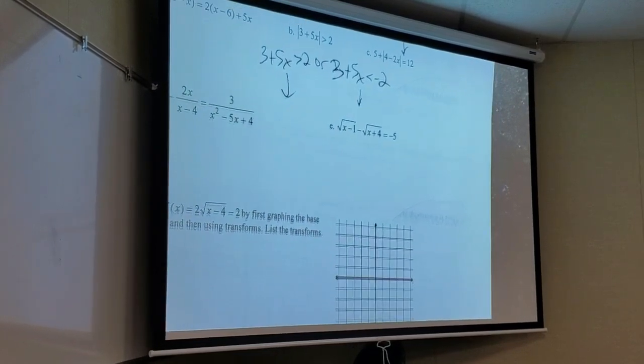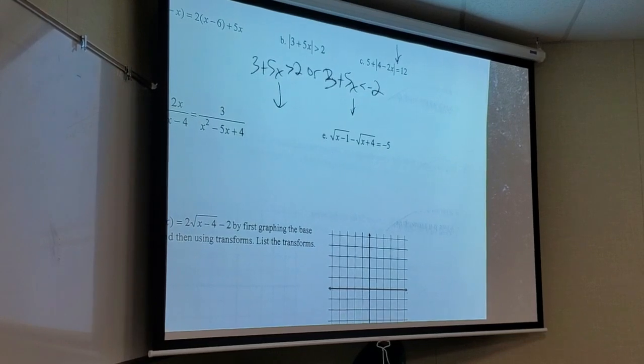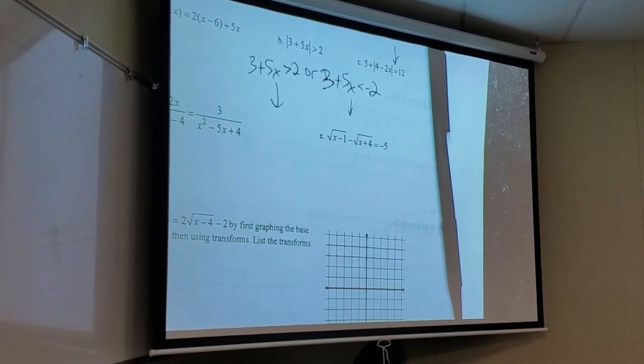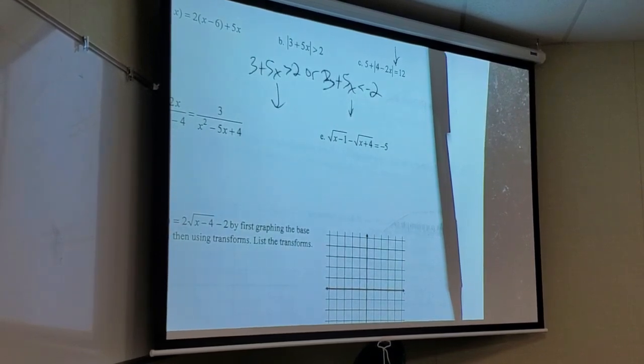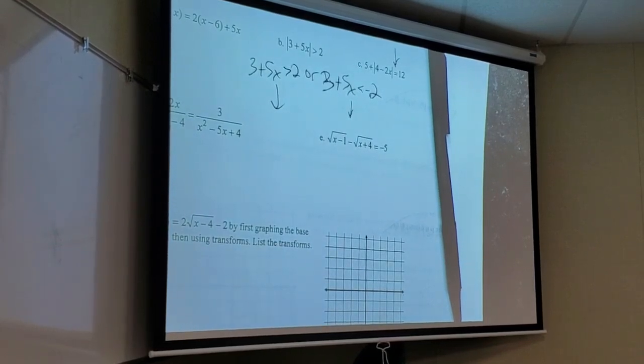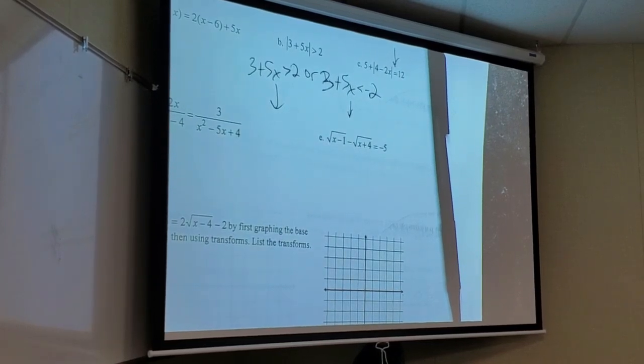Why'd you flip it there? Because you switched the sign. Because it was a positive 2 and then it was a negative 2. I've talked about this in a few different ways. So again, give me a number bigger than 2. 3. What's the absolute value of 3? 3. Is that bigger than 2?